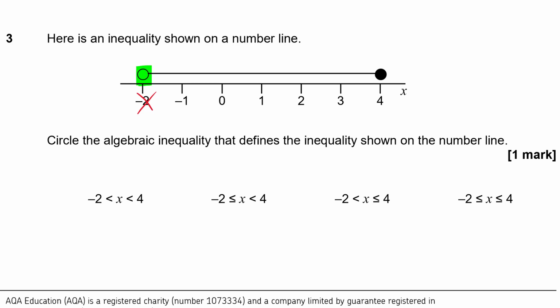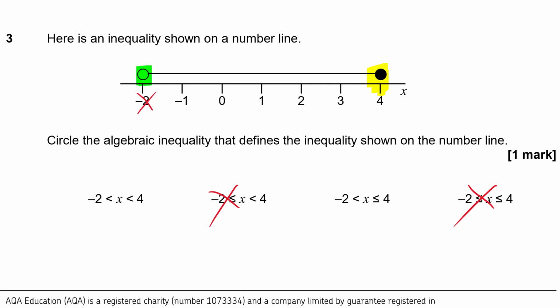At the bottom end, I'm going to have a strictly greater than symbol, aren't I? For x is greater than minus 2. So it's not that one. It's not greater than or equal to. And it's not that one. It's not greater than or equal to. So it's got to be either the first or the third one. Looking at the other end of the line, I've got a solid or a filled circle there, which means that 4 can be part of my solution.